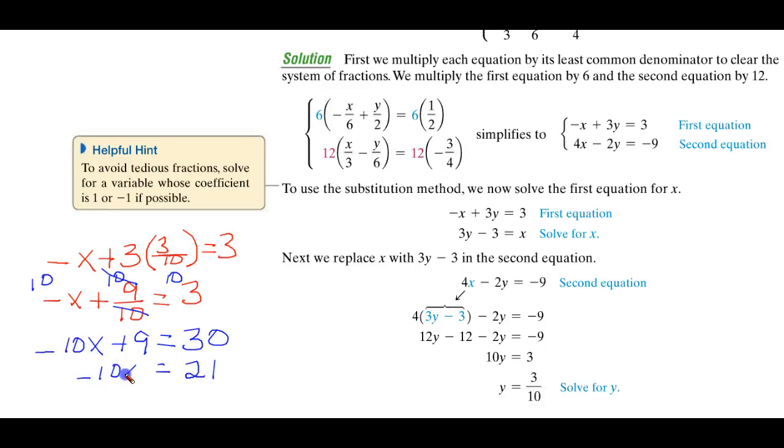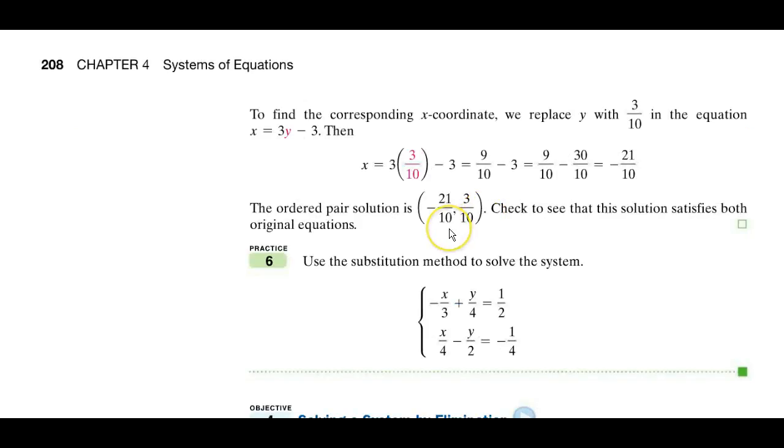A negative 10x equals 21. Now I'm going to divide everything by a negative 10. Don't forget that negative. This becomes an x. So our ordered pair should be negative 21 tenths and 3 tenths. Now I haven't looked at the text. I hope I'm right. And I am, and there it is.